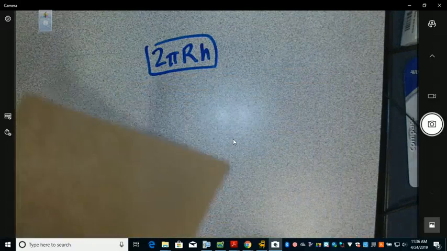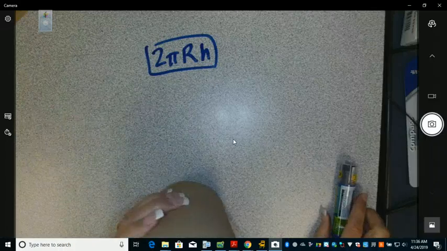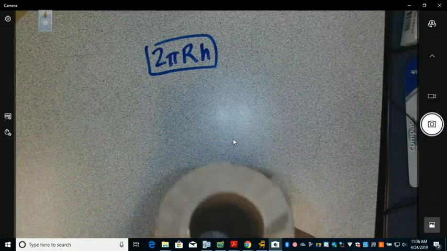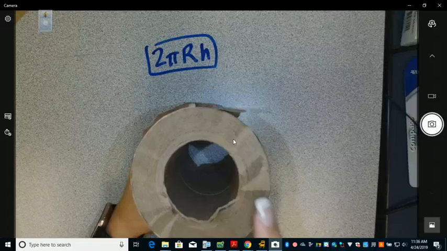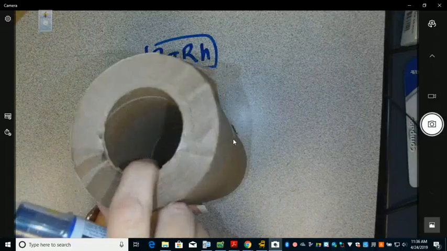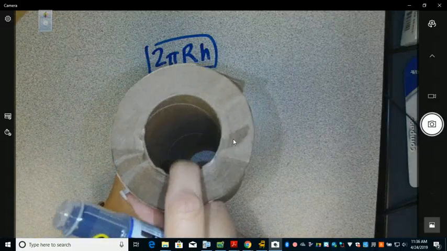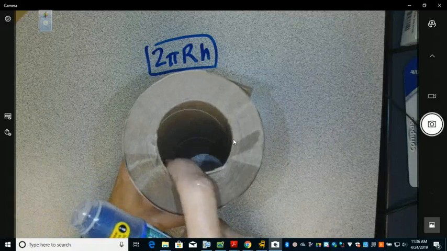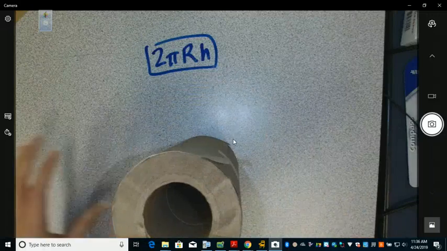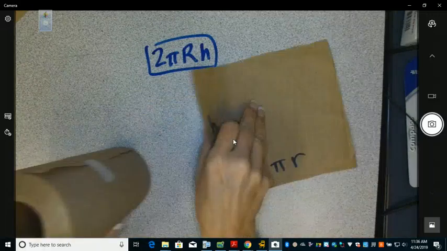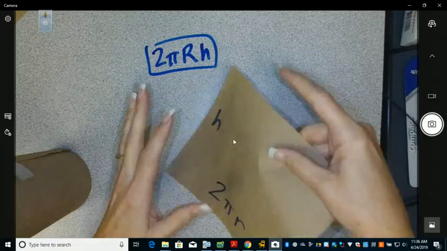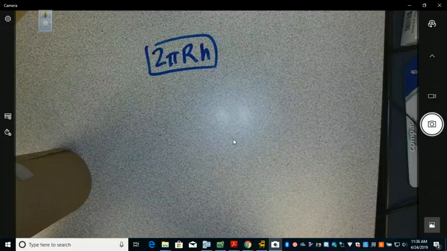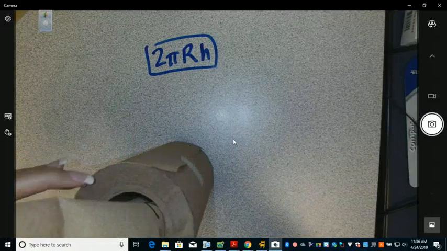Now, if I take this and set it aside, I can also see that the inside is hollow, and because it's hollow, you have to realize that air can get inside of there. So I have to figure out how big that inside sleeve would be. So I took another piece of paper like this, and I'm going to wrap it up like this. If I put it inside, so you can see what I'm doing, hang on.